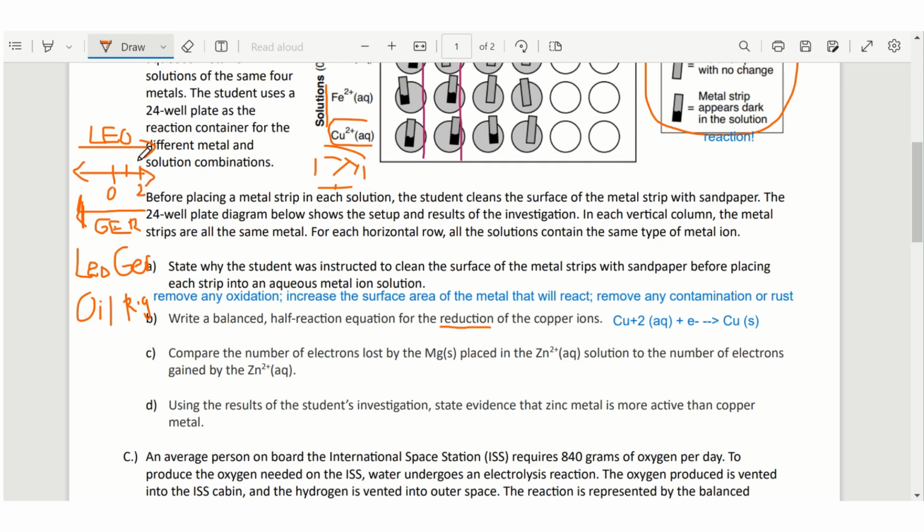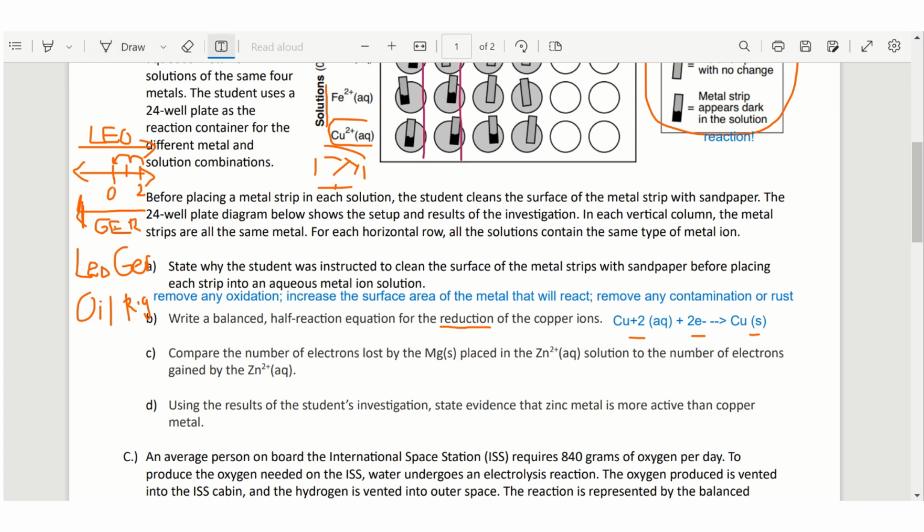Right? There's positive 2, and I went to 0. How many electrons did I gain? Well, 2. I didn't just write electron. It's not like a default, okay? Now I make sure charge is balanced. So what do I have on this side? Positive 2 plus negative 2, that's 0. And I have 0 on this side. Voila, I'm finished. All right, next question.